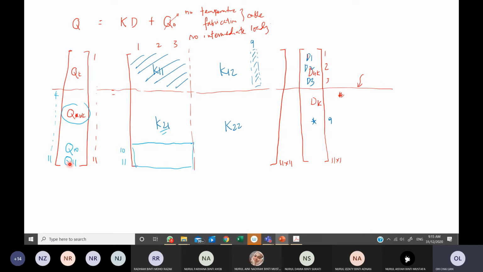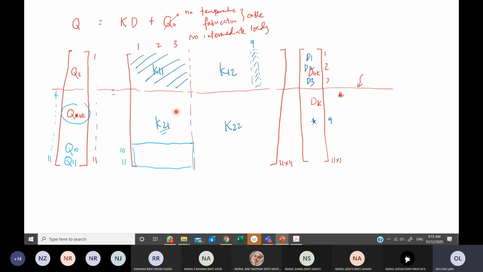Looking at this arrangement, D1, D2, D3 have now been solved. If you want to solve for the unknown Q, you need the region of K21. K21 multiplied by the known displacement will give you your support reaction. But now we don't need to calculate all of them.